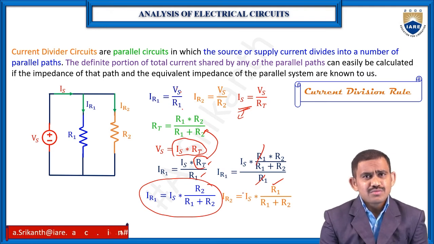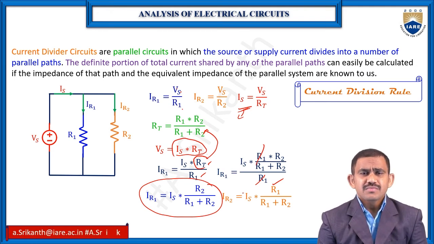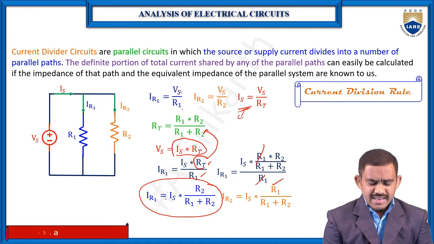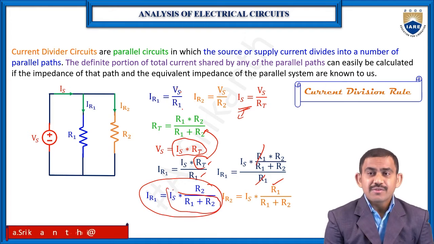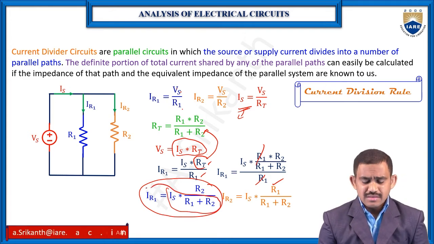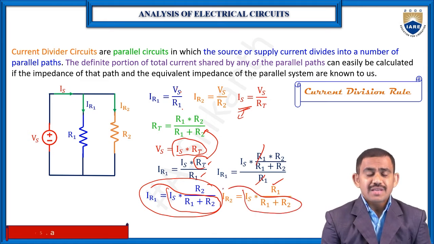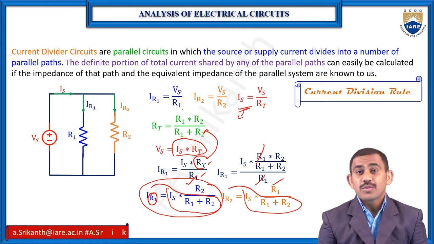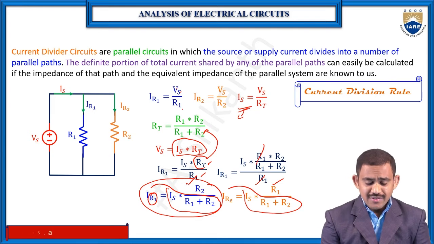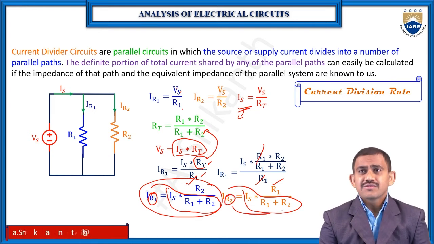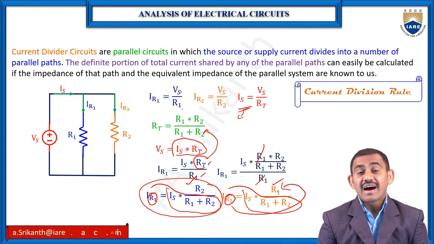Just observe those both equations. What is common? Is by R1 plus R2 is common. So if I want to find out IR1, you write the value for R2 here. That means the opposite resistor. Suppose I want IR2, you need to write the value for R1.